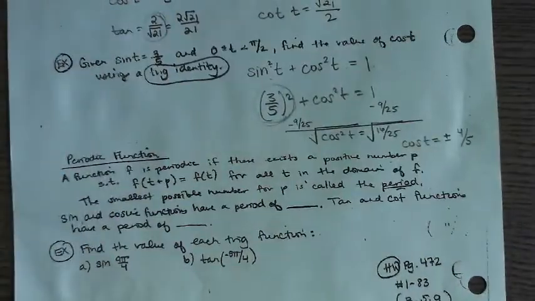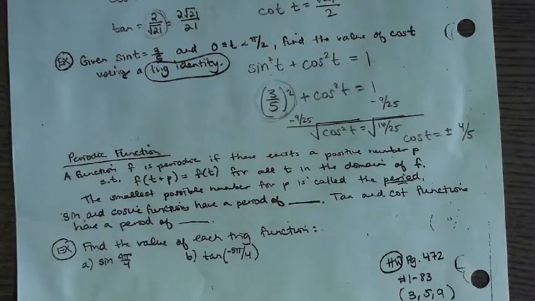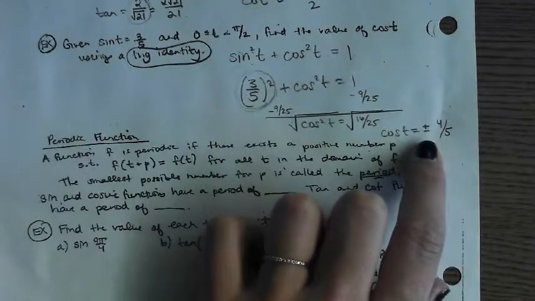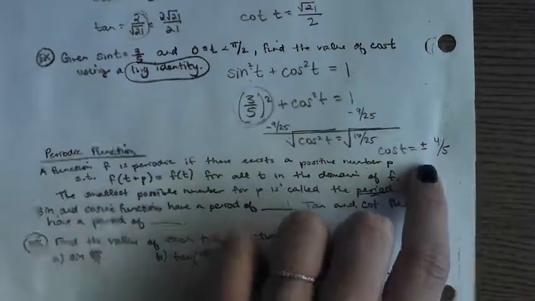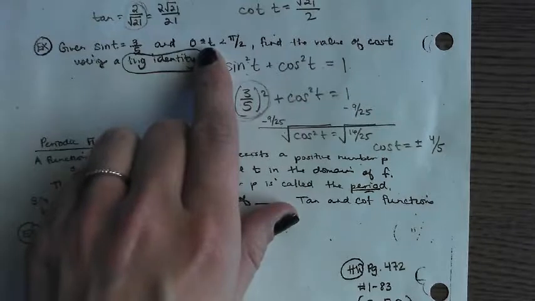Which is it? It's not both. This was always the trick in trig I remember from my junior year of high school. It's like, oh, you always got to think about these things. Which answer is correct? Is cosine positive or negative in this quadrant?